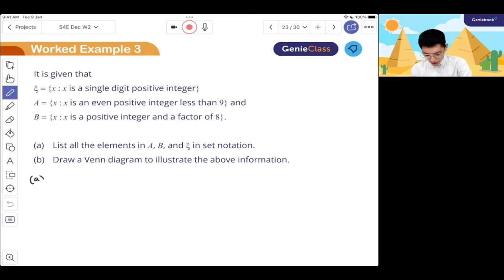In my universal set, what is a particular number, or an element, in my universal set? Write down your response. Give it a try. I'll let you think about it. Single digit positive integer. The keyword is positive over here. So what is an element inside?